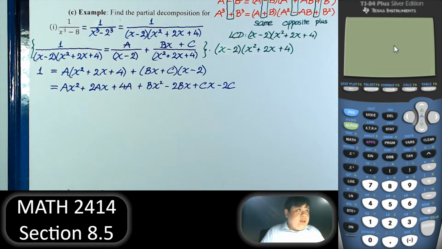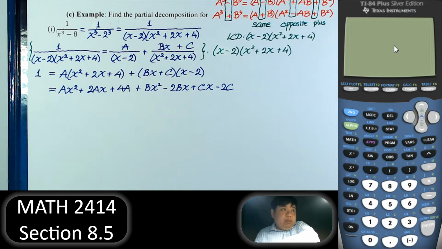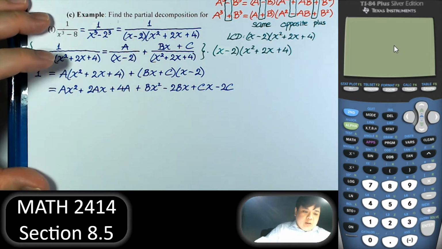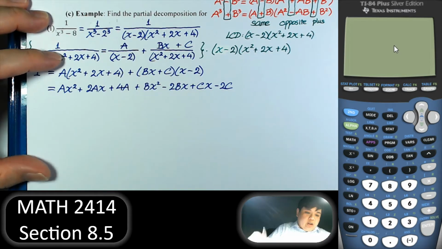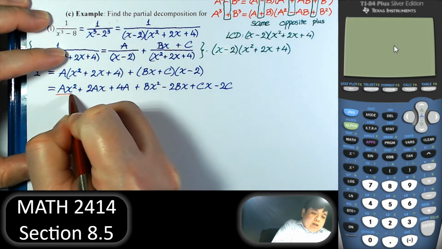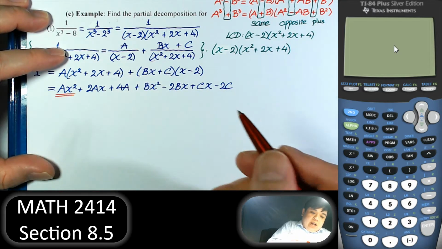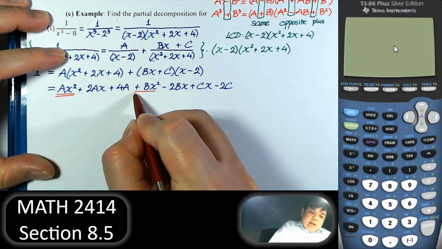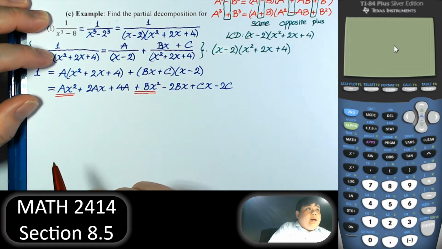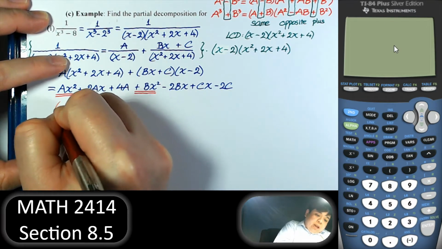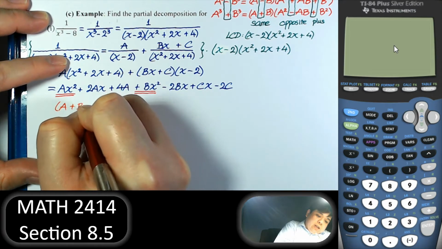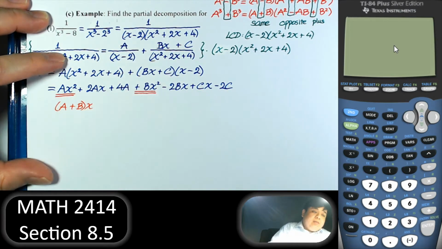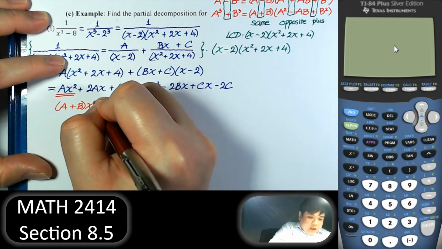There's another way to do this, but for now I'll do this. Next, combine like terms. There will be 3 terms. First, the x squared terms: ax squared and bx squared. Factor out x squared, we have a plus b times x squared.